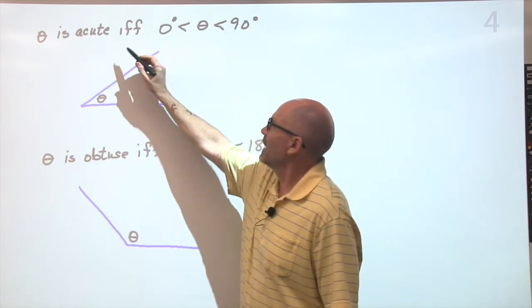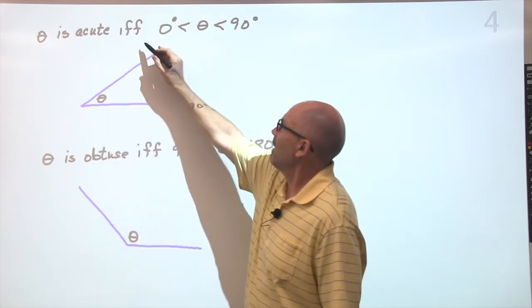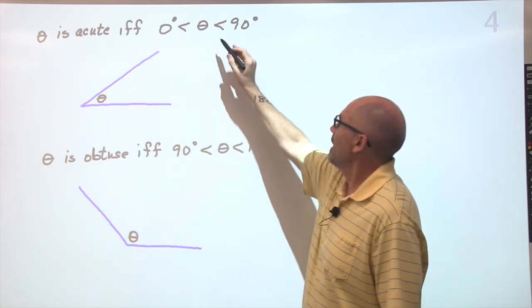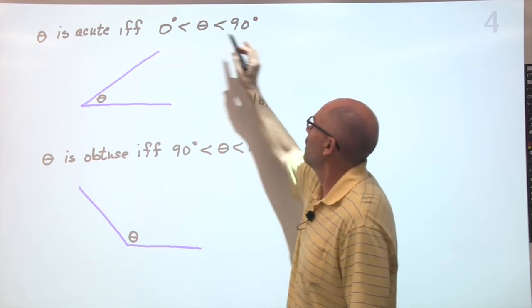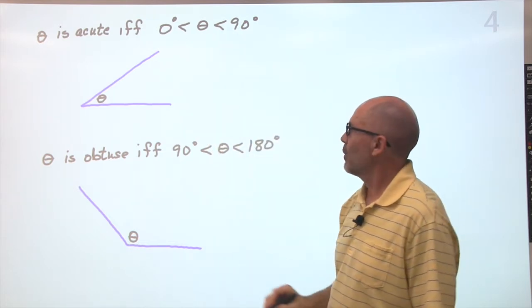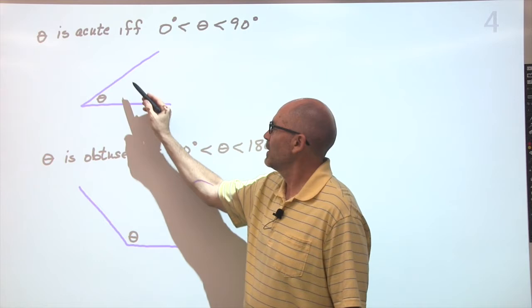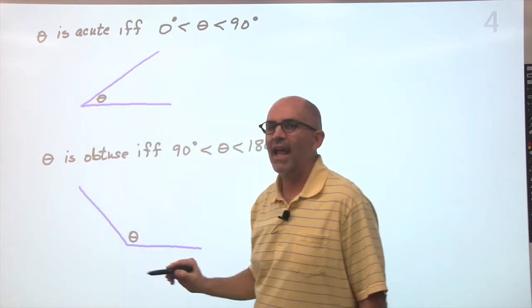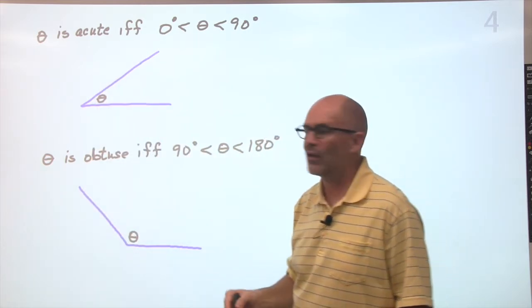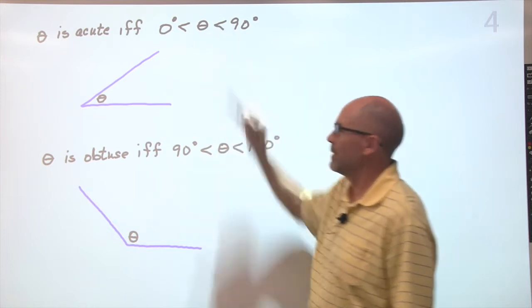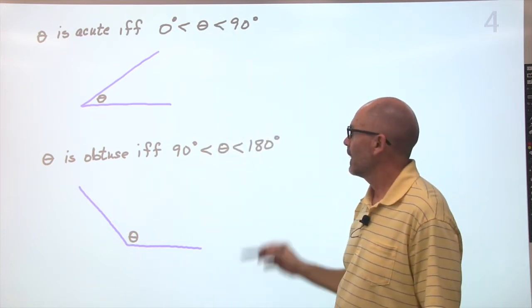Okay, now, theta is an acute angle if and only if the measure of theta is between 0 and 90 degrees. So if I have an angle that's between 0 and 90 degrees, it's acute. And if I'm told I have an acute angle, I know that the measure has to be between 0 and 90 degrees.